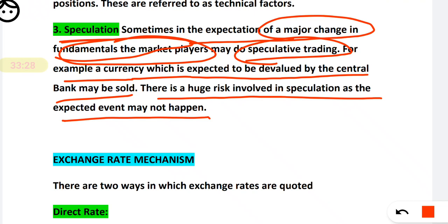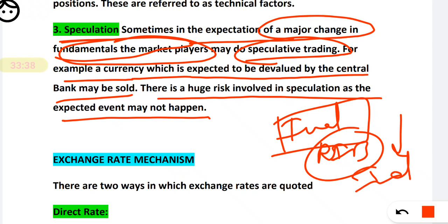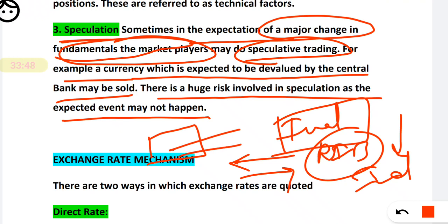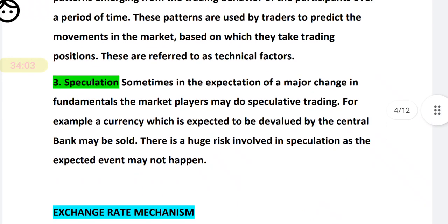For example, in India, if the RBI or government wants to devalue the Indian rupee, and that news gets leaked, a person having foreign currency will sell or buy, depending on such big news or what they are speculating, right? There is a speculation factor. To earn profit they can do it, but there is a very high risk in speculation. Okay, nothing more to explain in speculation. It is just a concept of speculation.